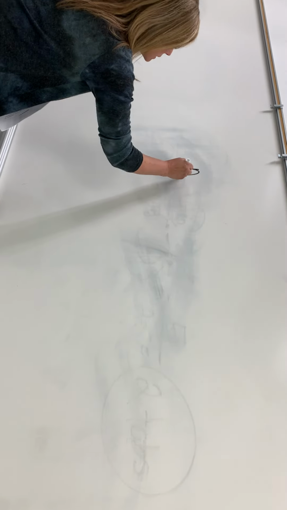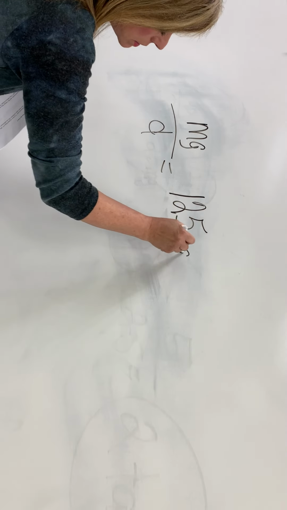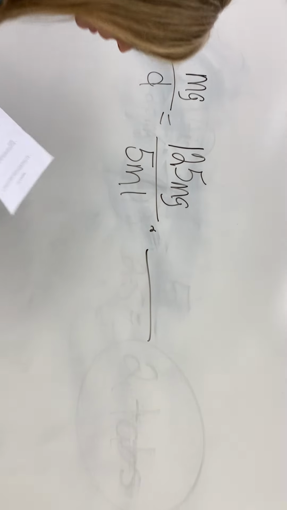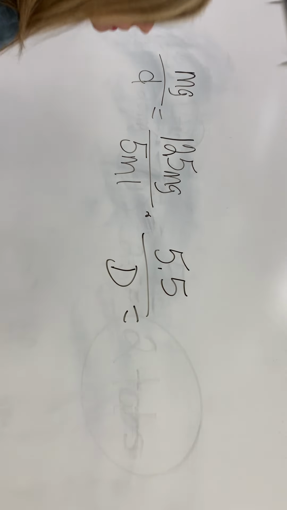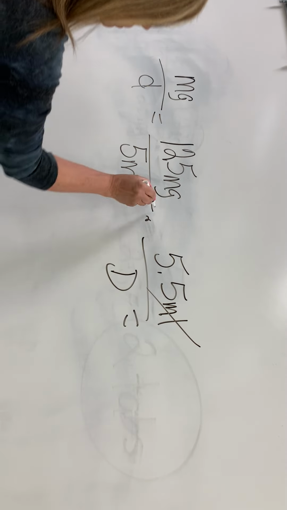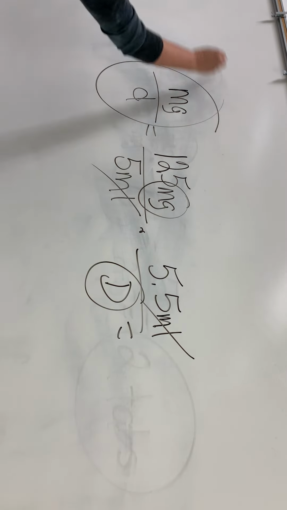She was asking us this time for milligrams over dose. So we have on hand 125 milligrams over 5 mils, and the physician has ordered 5.5 mils over dose. This is milliliters. We'll take off our mils, and we end up with milligrams over dose. That's what we're looking for.